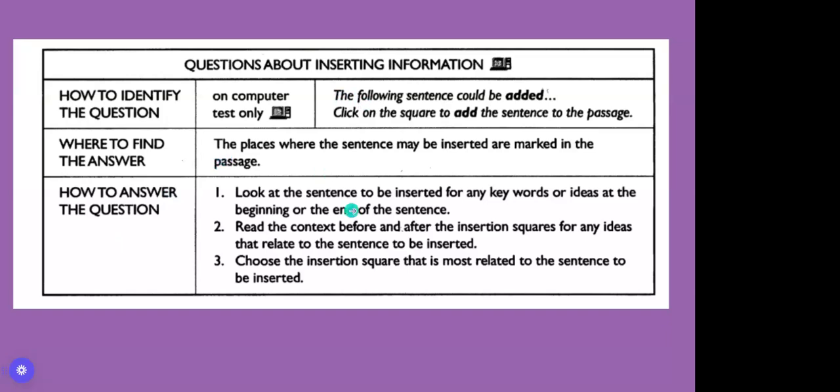Well, you have to look between paragraphs. Look at the sentence to be inserted for any keyword or ideas at the beginning or at the end of the sentence. Read the context before and after the square. There's going to be a square where you could probably insert that idea or that information. And make sure that the idea that you insert is most related to the sentence.